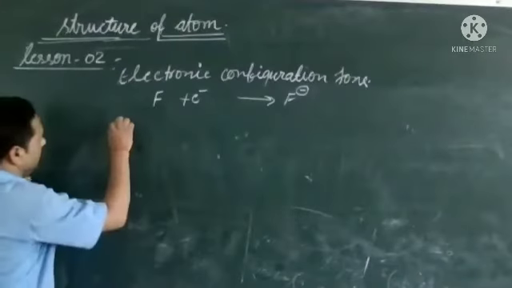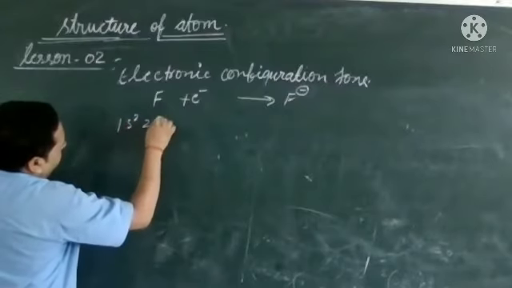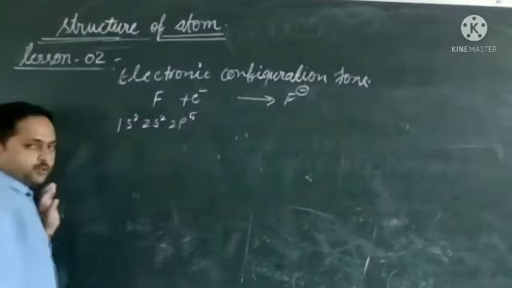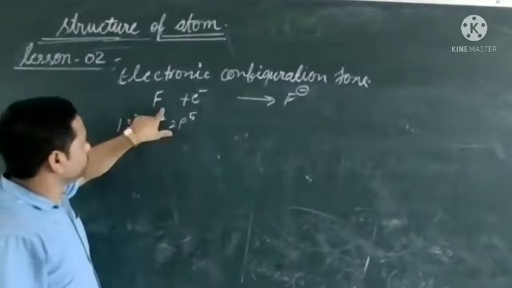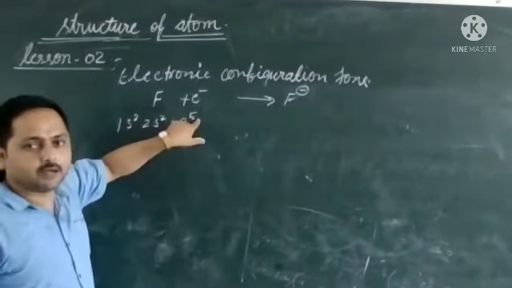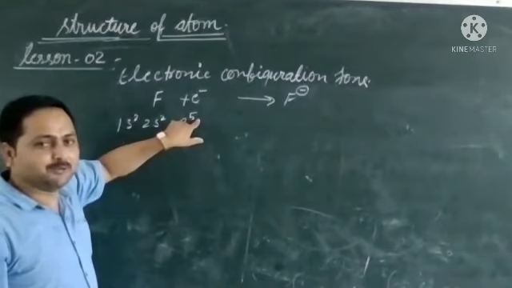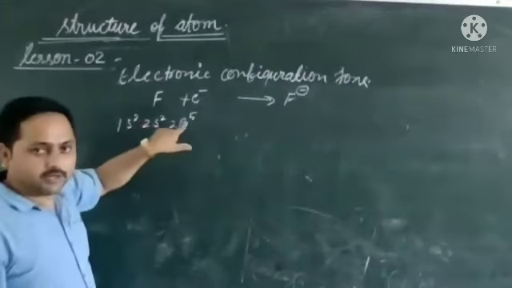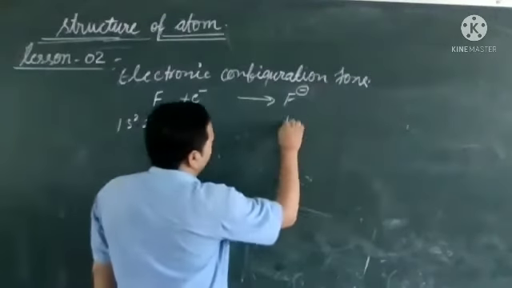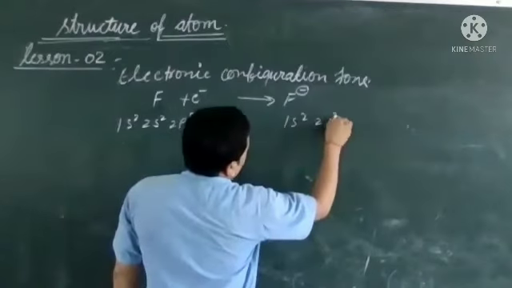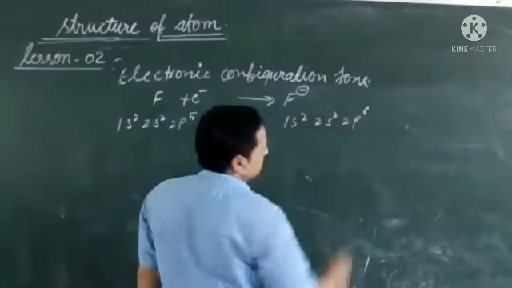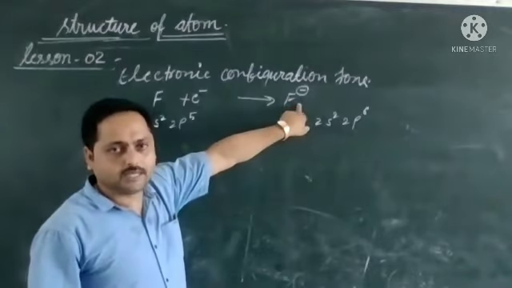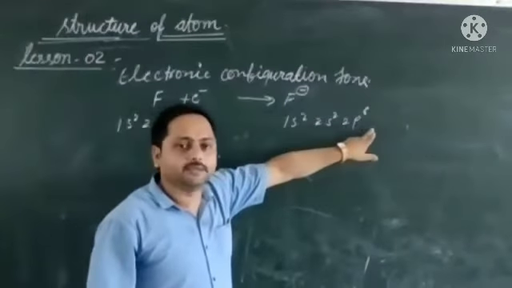Here, 1s2, 2s2, 2p5 is 9. But for the ion, 1s2, 2s2 and 2p6, because that has 10 electrons. So we can write it like this.